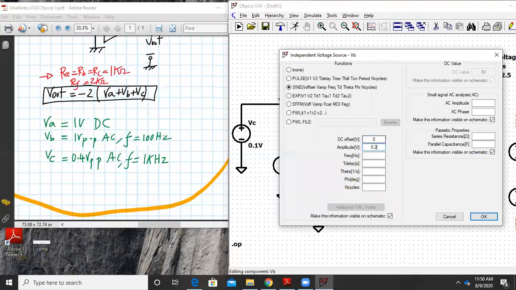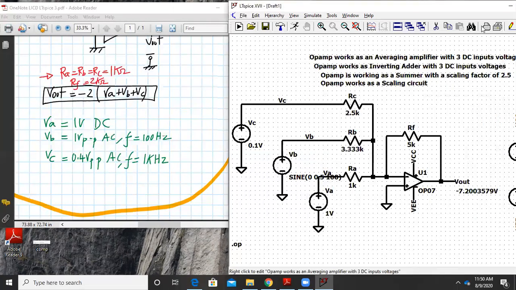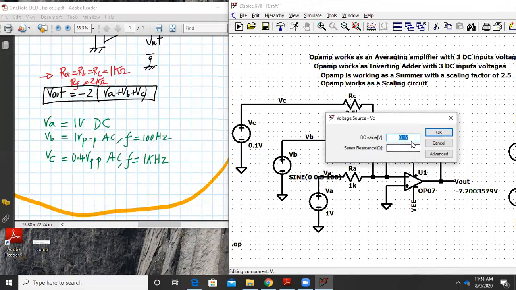Amplitude is 0.2 volts peak, so it will be 0.4 volts peak to peak, and with a frequency, okay, it is VB actually. So VB is around 0.5 volts peak, and it will be 1 volt peak to peak with a frequency of 100. And we'll click on OK. So we have given this sinusoidal wave of 0.5 volts peak, and VC will be 0.2 volts. So we have to remove this first.